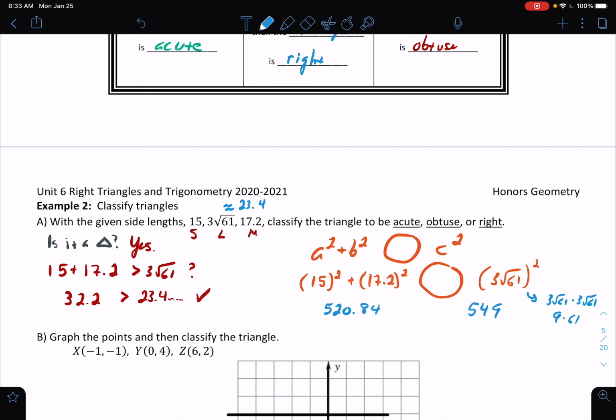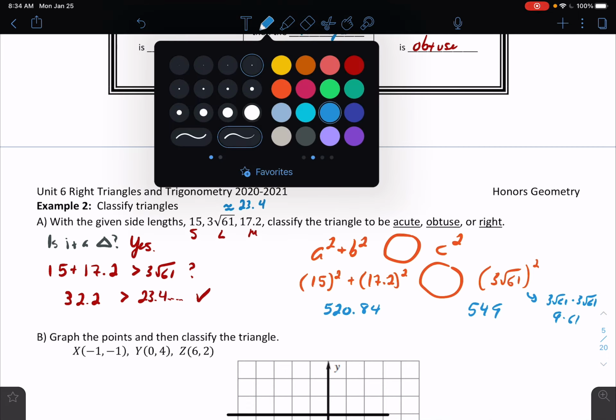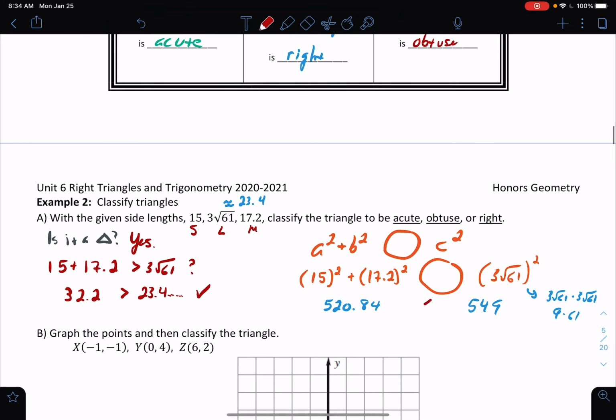Now that we've simplified those, what's the relationship? Well, c squared dominates. 520.84 is less than 549. So the big side dominates, therefore this is an obtuse triangle.